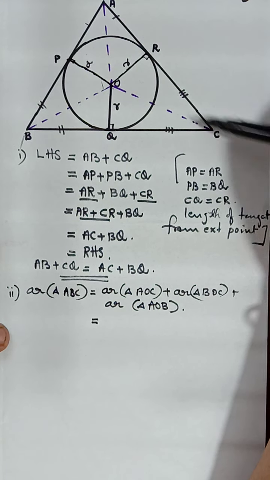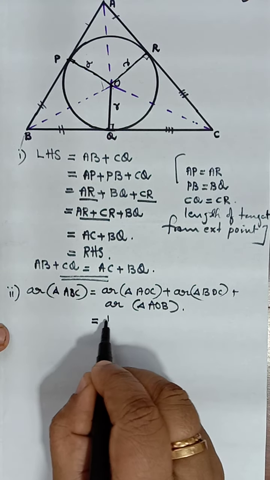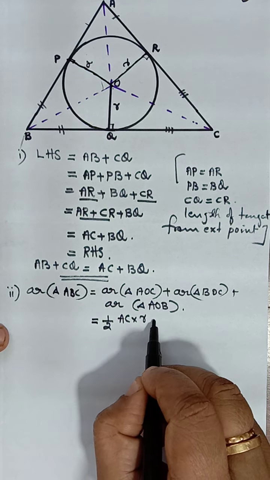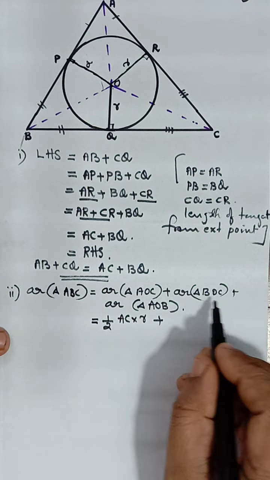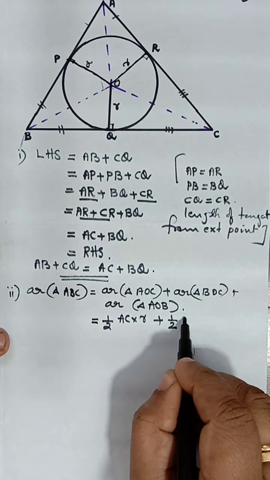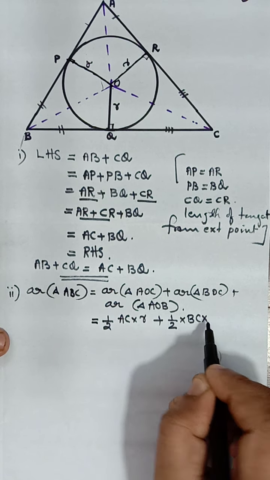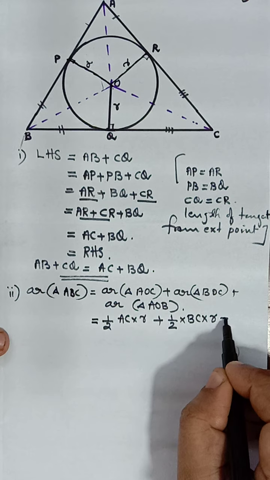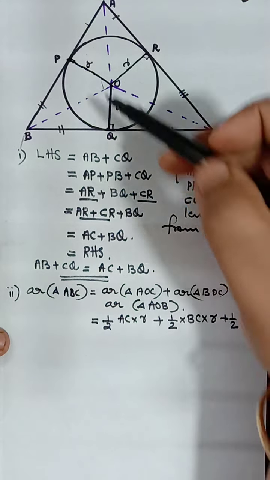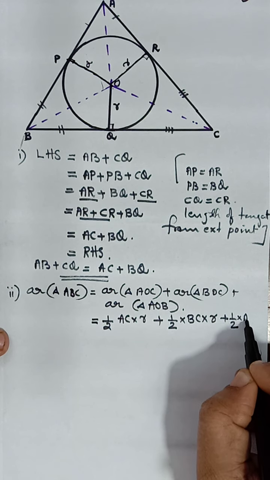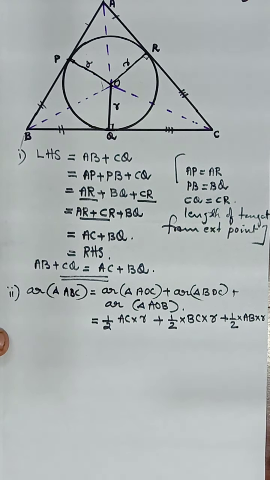Base is AC, height is radius. Half into base AC into radius. Next, area of BOC. Base is BC. Half into base BC into height of this. It is OQ, that is the radius. Plus half into AOB. Half into base AB, AB into radius it is.